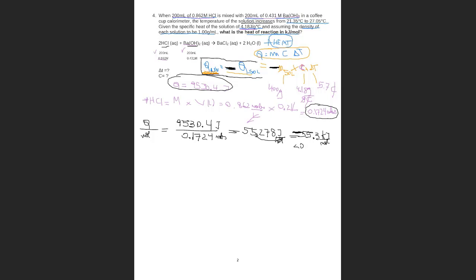We are going to calculate the heat by using the water, the solution. We have 400 mLs or 400 grams of water. We calculate based on how much water was absorbed, and then we change the sign here, and that's how we end up calculating the heat of the reaction.